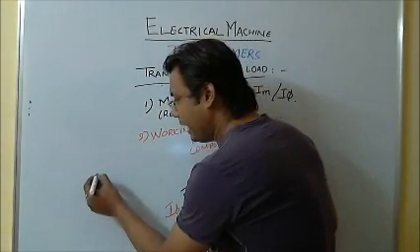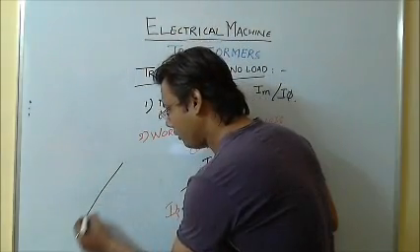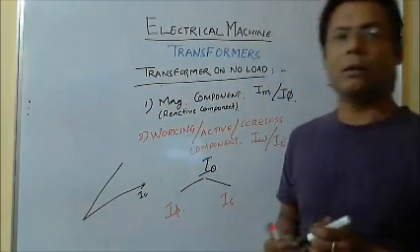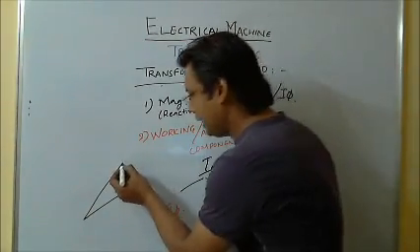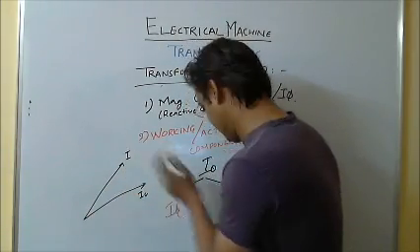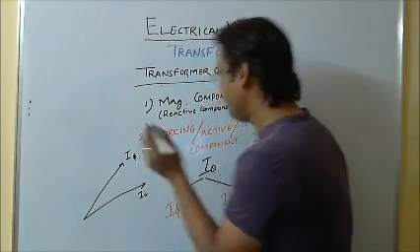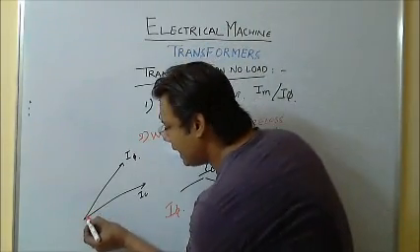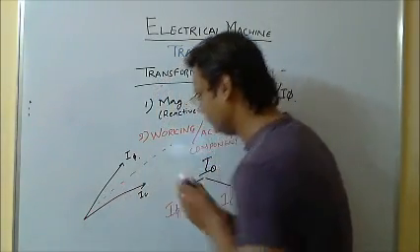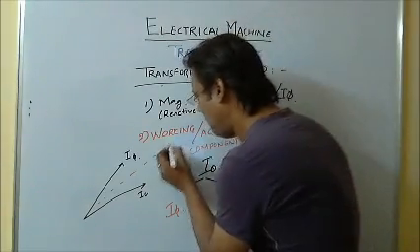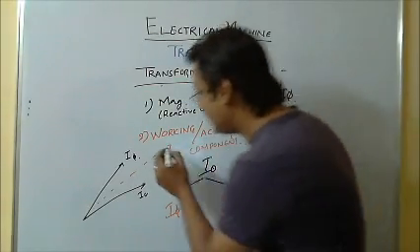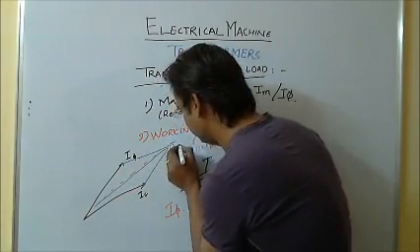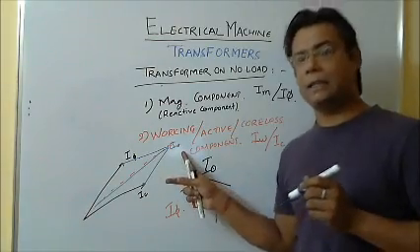If this is my IC, which is called the core loss component, and I have I phi, which is called my magnetizing component, it becomes I0.